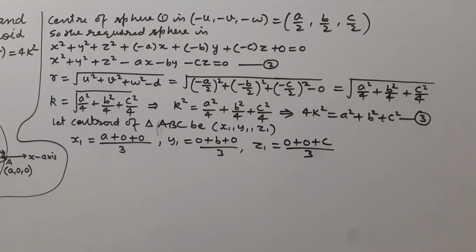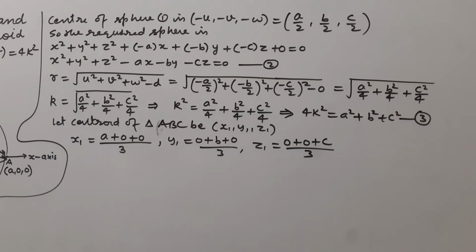We know that if the vertices of the triangle ABC are given by x1, y1, z1, x2, y2, z2, x3, y3, z3, then the centroid of that triangle can be found by the formula x1 plus x2 plus x3 upon 3, y1 plus y2 plus y3 upon 3, z1 plus z2 plus z3 upon 3.